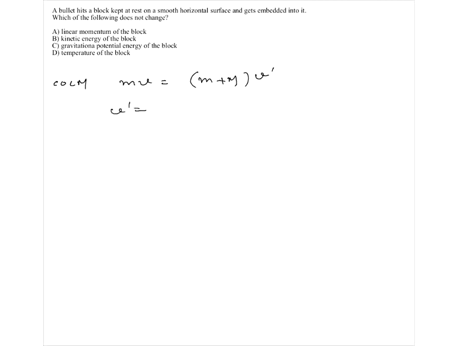So the speed of the system would be this much. Just find out this. You will have to do this math. Half m plus m v dash square minus half m v square. Kinetic energy final minus kinetic energy initial. There is no potential energy change involved.